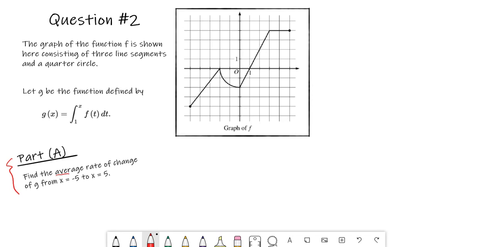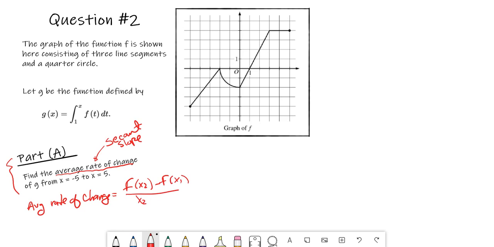For average rate of change, we want to recall that that is secant slope. The average rate of change is f of x2 minus f of x1 over x2 minus x1.